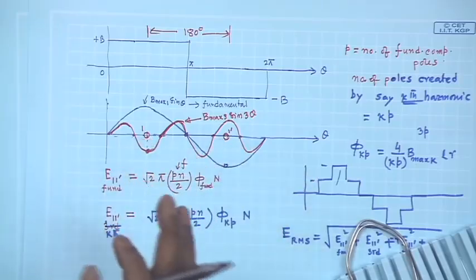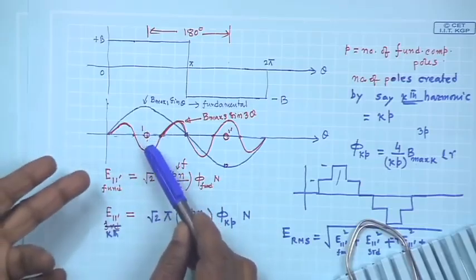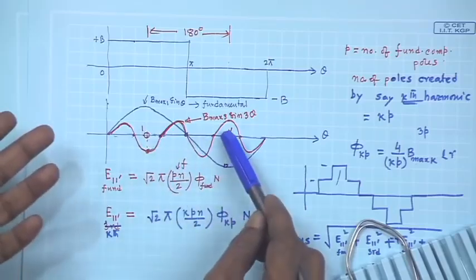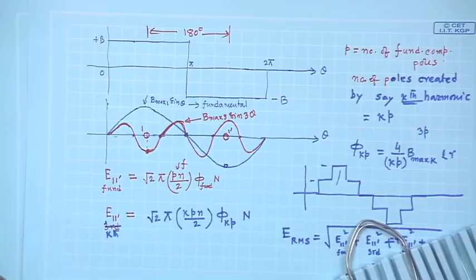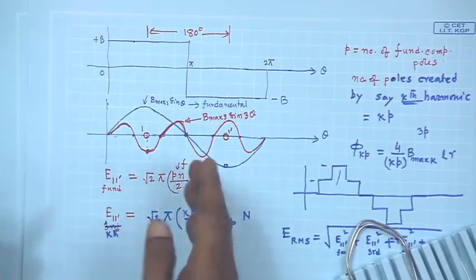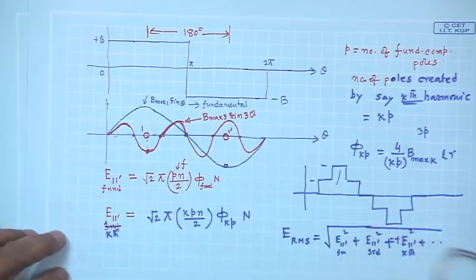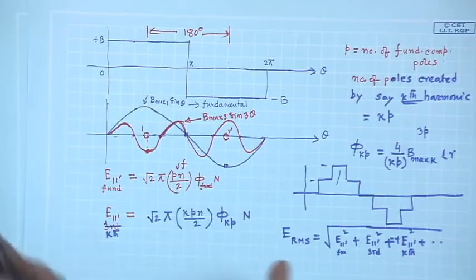Yes, there will be, simply because if one conductor is placed under the center of, say, a north pole, the other one is under the center of a south pole, and therefore there will be voltage. This is also true for the fifth and seventh harmonics. And can I use the formula we have already derived? Yes, you can use it, provided you are careful.